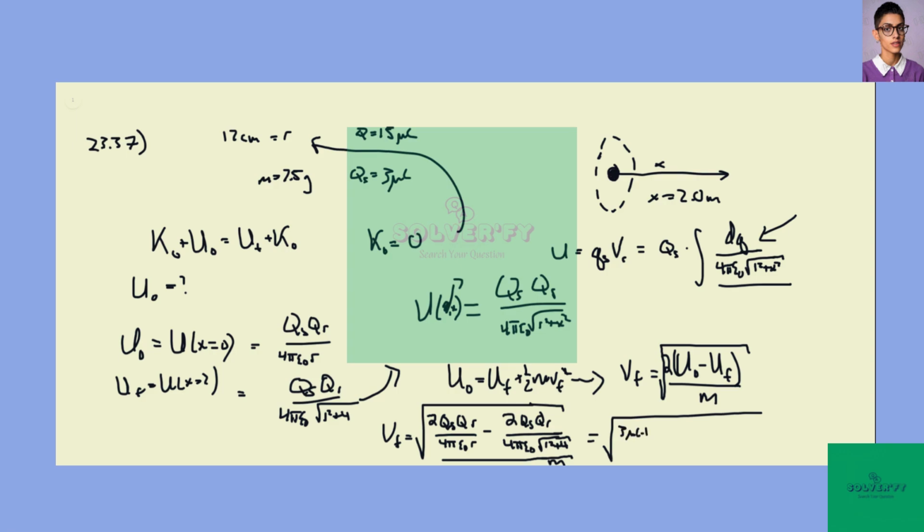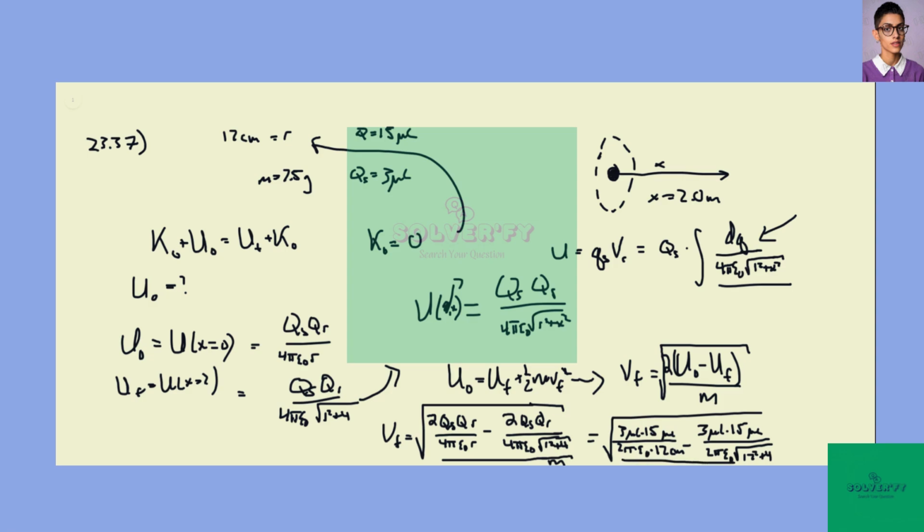So this is the square root of 3 microcoulombs times 15 microcoulombs all over 2 pi times epsilon naught times 12 centimeters, minus 3 microcoulombs times 15 microcoulombs all over 2 pi epsilon naught square root of 12 squared plus 4.